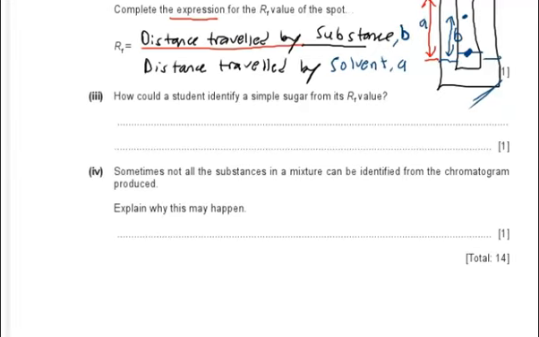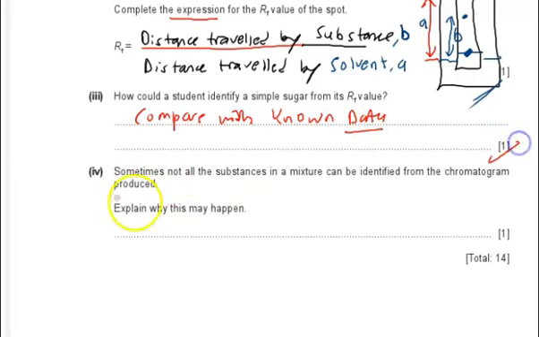Okay, how could a student identify a simple sugar from its RF value? So we have to compare with known data. Here's 1 mark. Okay, last question here.